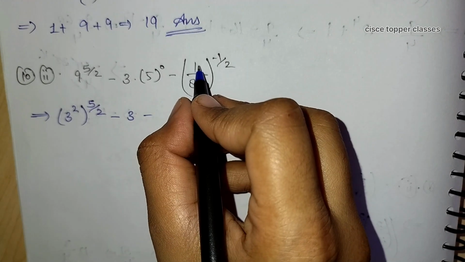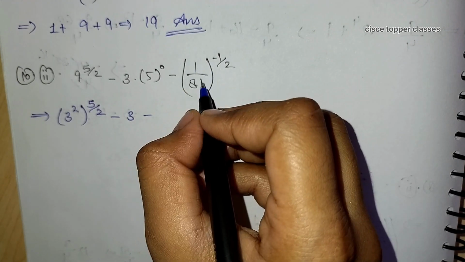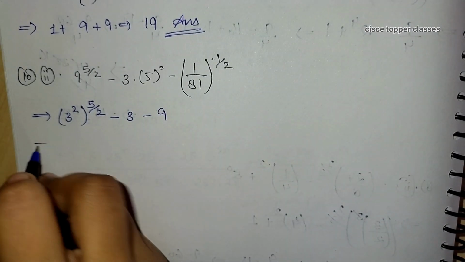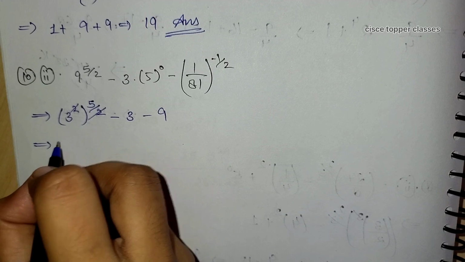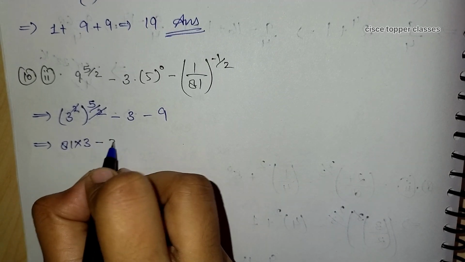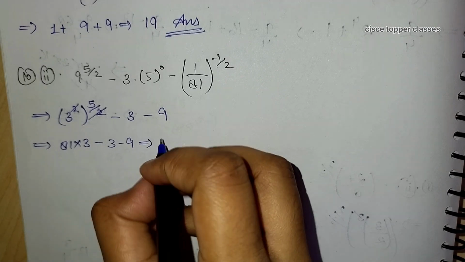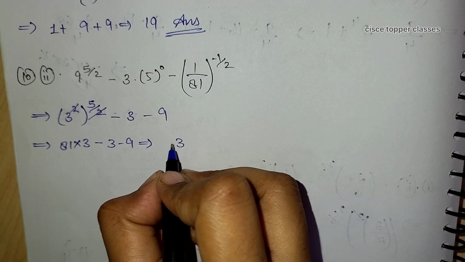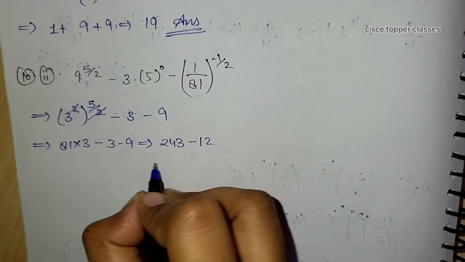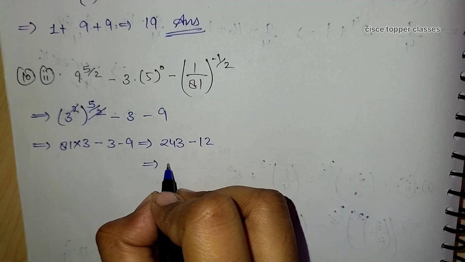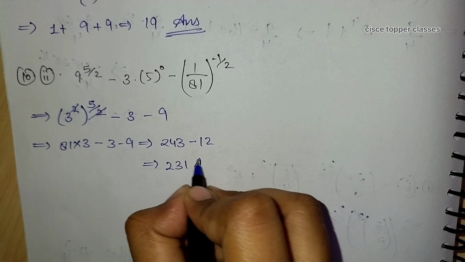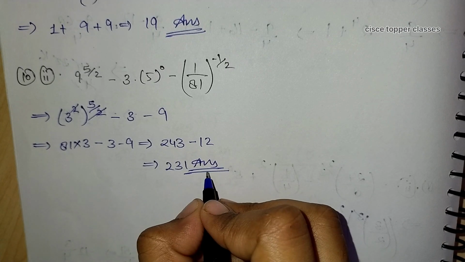Here 81, on taking reciprocal, we will get 81. 81 under root will be 9. So here we can write as 9 into 9 will be 81 into 3 minus 3 minus 9, which is equal to 3 here, and 243 minus 12, it will be 231 approximately. So this is the final answer here in this question.